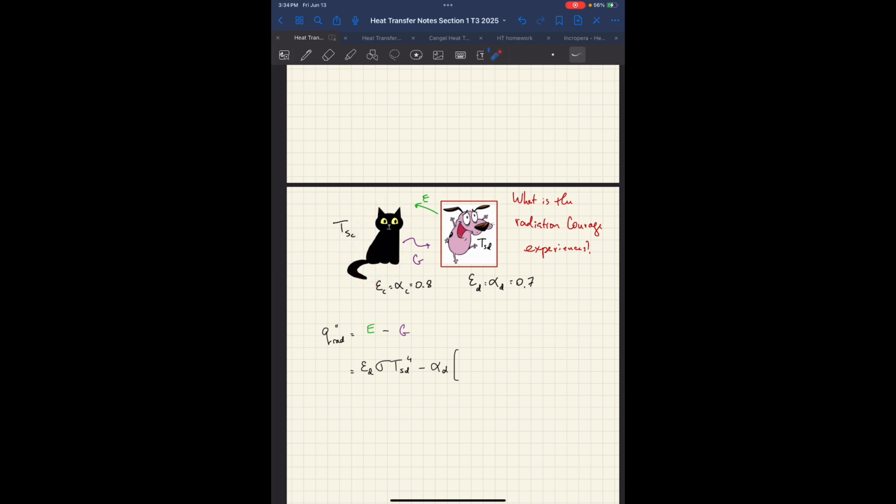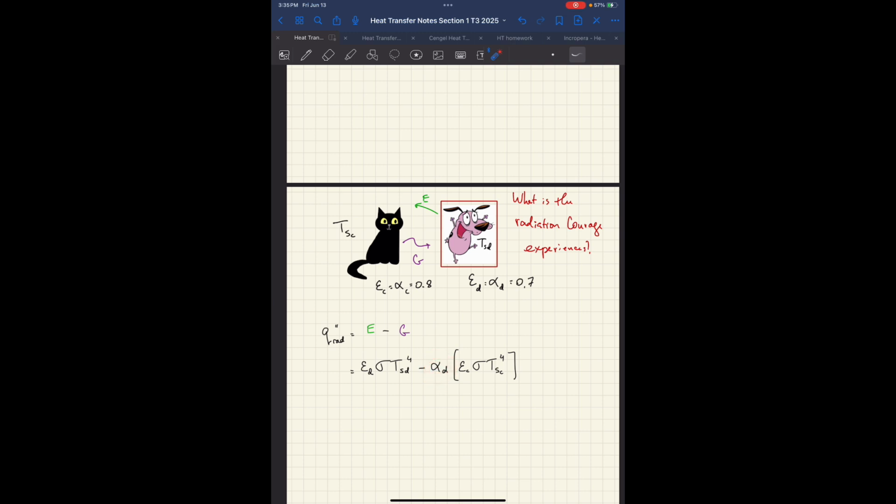What is the cat emitting? Well, if the cat were a perfect black body, it would be sigma times the temperature of the cat's surface to the fourth power. The cat is not a perfect black body, so we have to consider the emissivity of the cat. So this is the total radiation the cat is sending to Courage, but Courage is only absorbing a fraction of that because of this alpha over here.